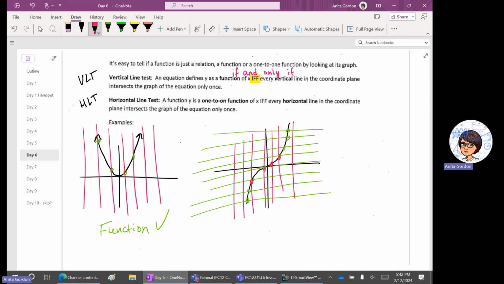So there's only one place where the green lines touch the graph, and there's only one place where the pink lines touch the graph. So this is what we call a one-to-one function. So it has to pass both. It can't just be one or the other. If it passes the vertical, it's a function. If it passes vertical and horizontal, then it is one-to-one.